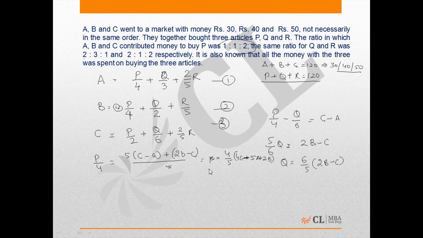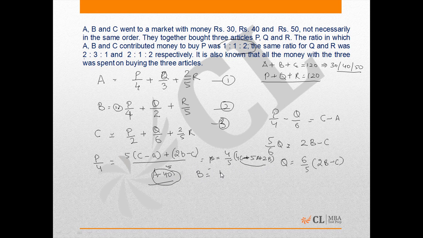As P, Q and R cannot be negative, and similarly A, B, C cannot be negative, the value for A will have to be 40. Now if you fill in the values, you will come to know about A, B and C. A will turn out to be 40, and B can take either way.